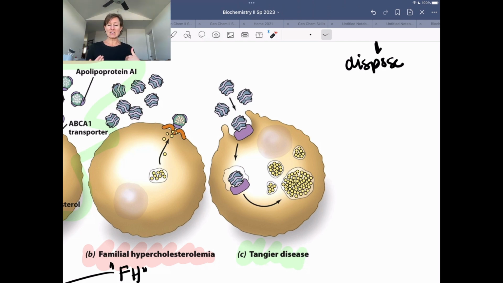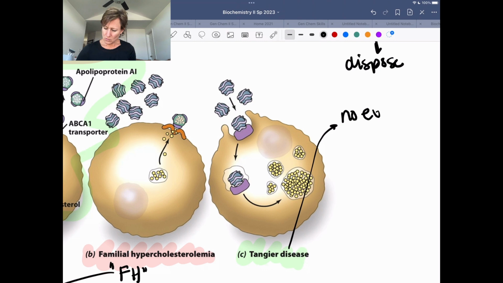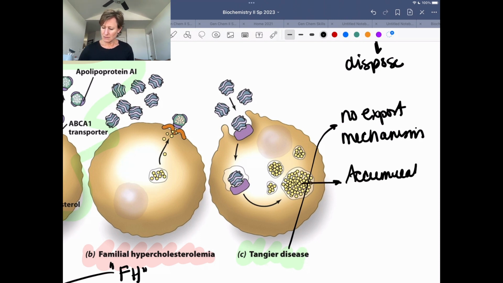If we're constantly having an influx but no efflux, that's going to cause cholesterol to build up inside the cell. So the key with this Tangier's disease is there is no export mechanism. So no export mechanism. And so we're going to have accumulation of cholesterol in the cells.